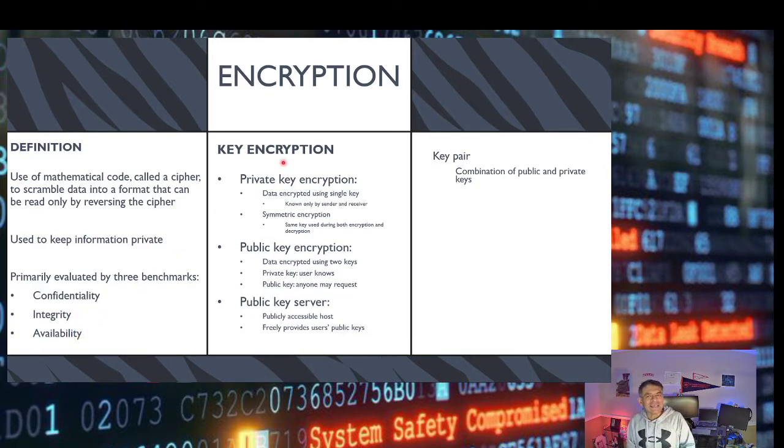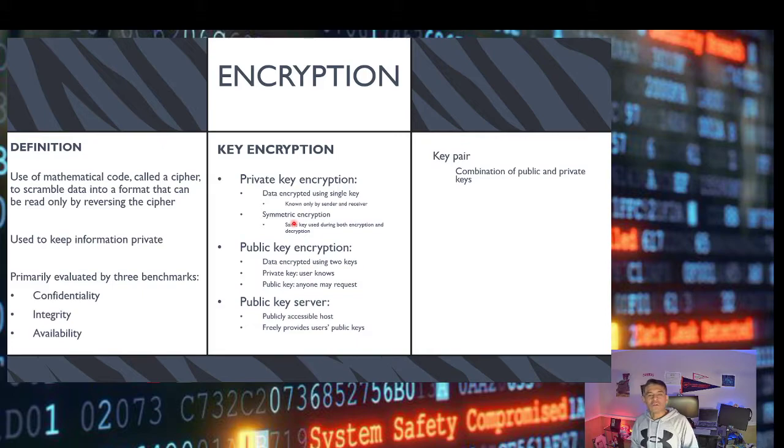What is key encryption? You have three different kinds. One is the private key encryption, public key encryption, and there is another element in key encryption that is called the public key server. As far as the private key encryption, the data is encrypted using a single key, known only by the sender and the receiver.